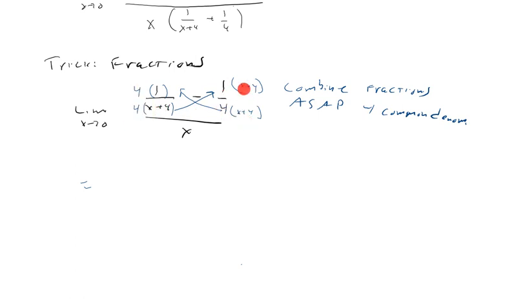So let's see what that does. Limit as x approaches 0 of 4 over 4 times x plus 4, minus x plus 4 over 4 times x plus 4, over x. This is much, much better.